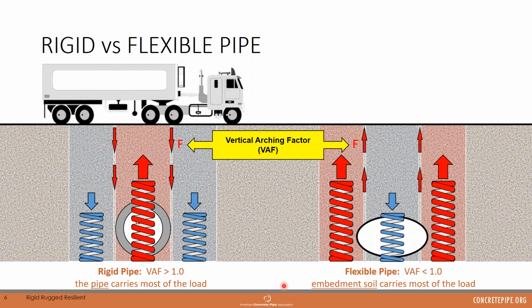And in the flexible pipe scenario, the vertical arching factor is typically less than 1, which is a way of representing how the pipe is not even carrying the load above it, because the side soil is removing or taking some of that load away from the pipe. So again, that's a very fundamental difference in how rigid and flexible pipe behaves when you bury it.